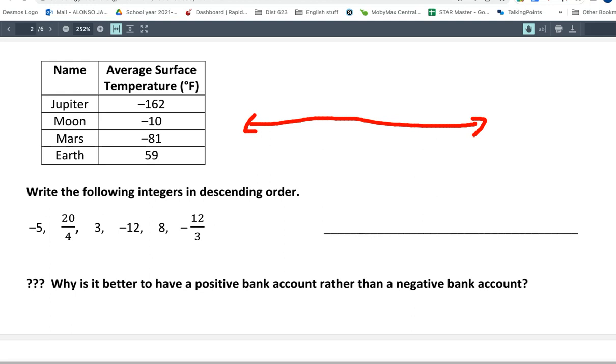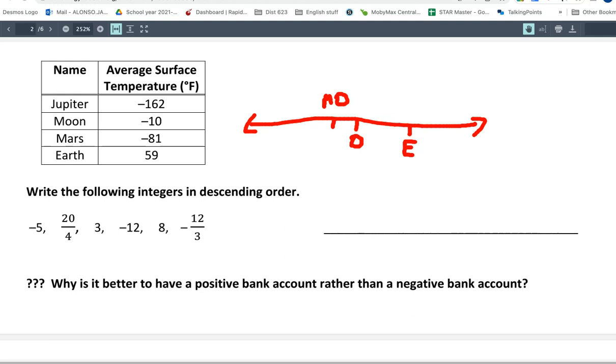Now that is straight. 0 here. So E, Earth, 59 in temperature. It's going to be about here, so you just write the E. And then MO for Moon. That's going to be really close to the origin. So we're going to write MO here for Moon.